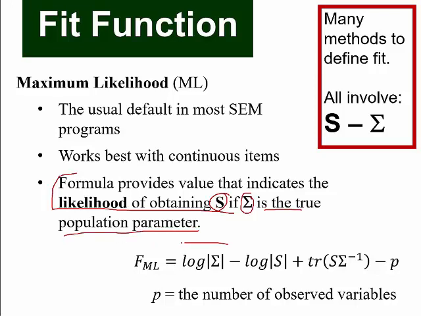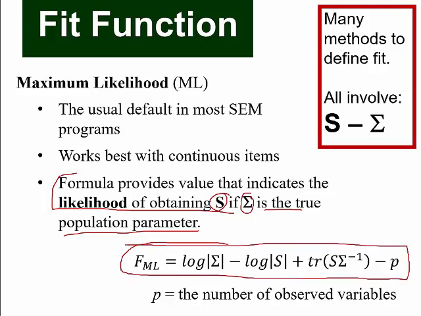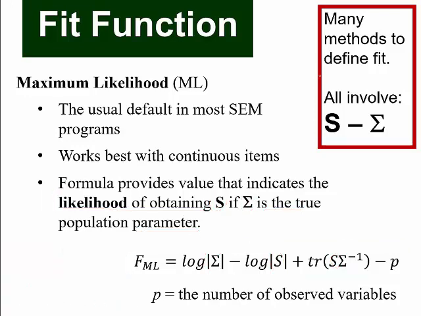And down here I have the formula for maximum likelihood. I'm not going to actually ask you anything about that formula. If you're familiar with matrix algebra, you can see that it gives us a difference between S and sigma, and that's getting plugged into the equation. You can just trust me that that's what the formula is doing. The key thing to note is that maximum likelihood is one type of fit function. I'm going to talk about another type in just a moment.